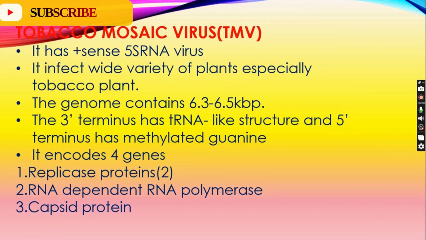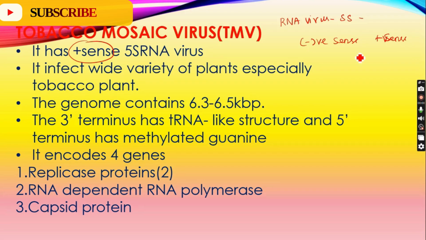Now we are going to see one of the examples of plant viruses, that is tobacco mosaic virus, which is an RNA virus that is single-stranded with positive sense. As we saw before, there are differences between negative sense and positive sense.